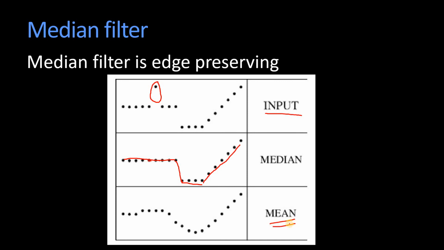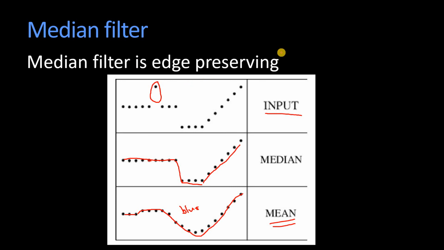Whereas if you take the mean or the averaging or the box filter, you will see that it has removed the noise, but it has increased the values elsewhere. So the shape has changed. That's why you see the blur. Blur occurs because the values change everywhere. So that is one of the important things. The averaging filter causes blur, but median filter never causes blurring. Clear?